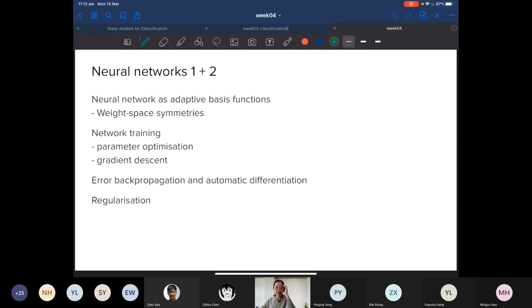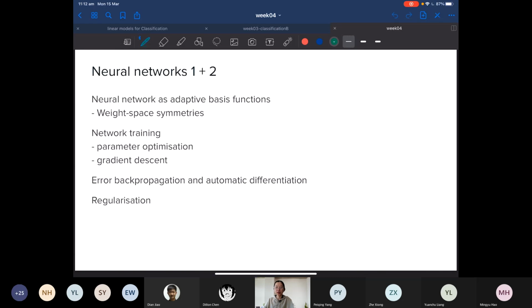So let's, again, with the neural network section, we're going to define what a neural network is, or basically specify the models. And then we're going to look at the training part, which basically involves the objective function and how to optimize it.